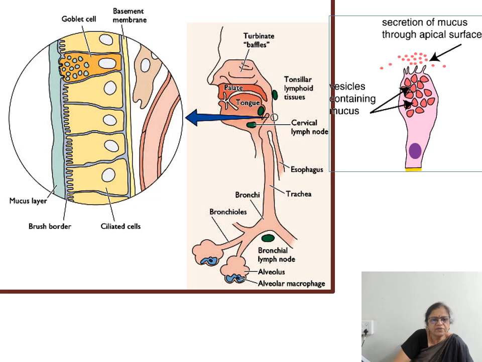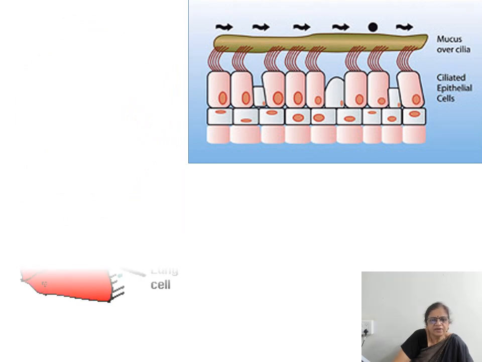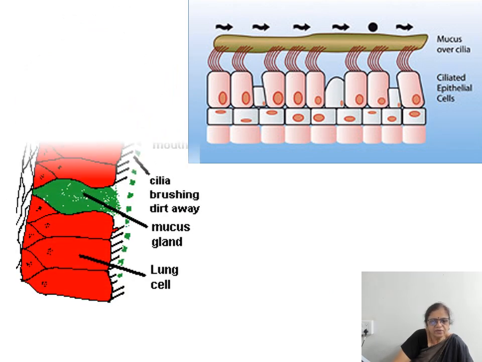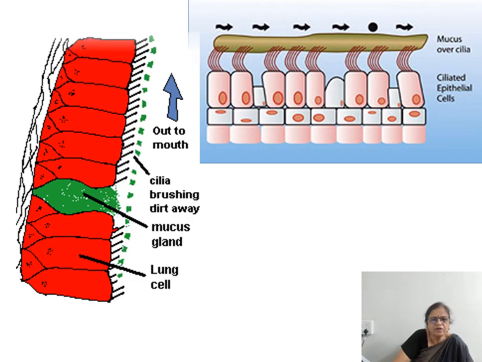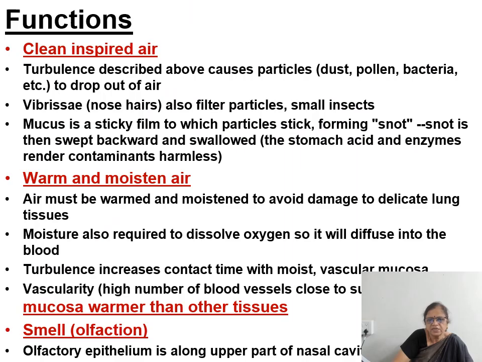This mucus layer and the cilia, these projections, help any foreign body stick here and move in an upward direction. That is called the escalator mechanism. This is how foreign bodies are moved upwards towards the nose from the trachea and bronchi.